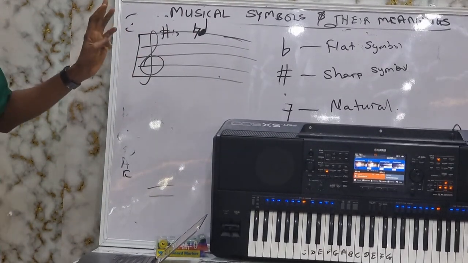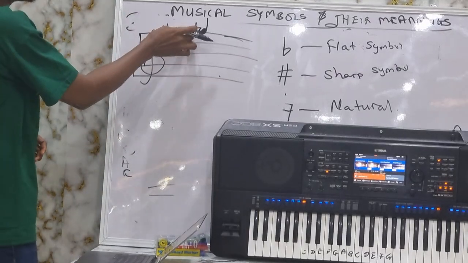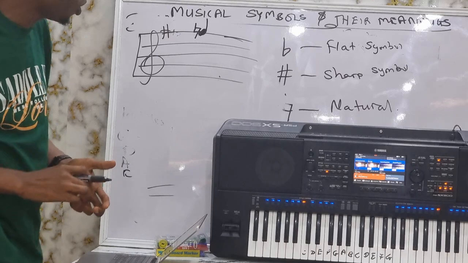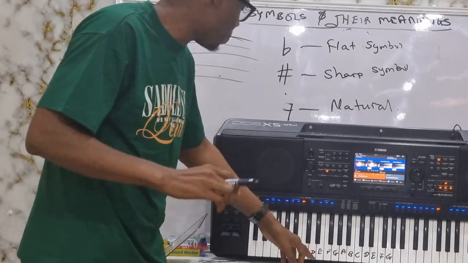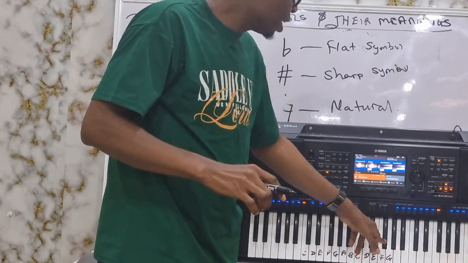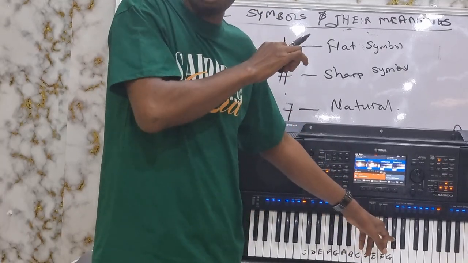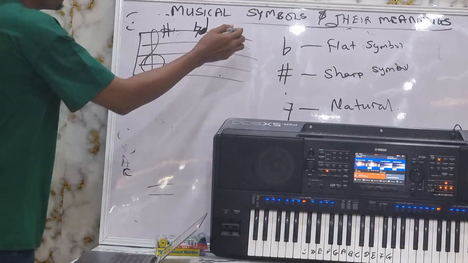Everything is already natural. So if on the key of G now, you see something like this before this note, what it simply means is that if you are playing on your G and it's supposed to play the F sharp, play the natural of it. And here is natural of what? F.